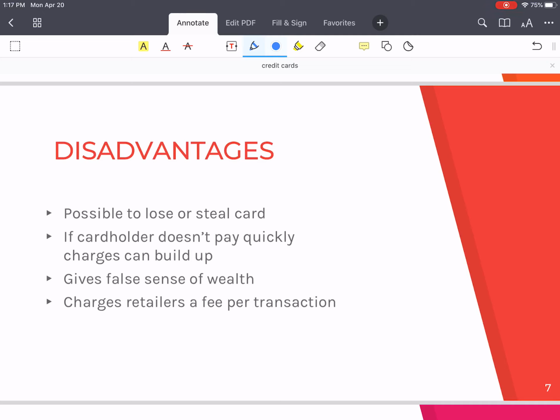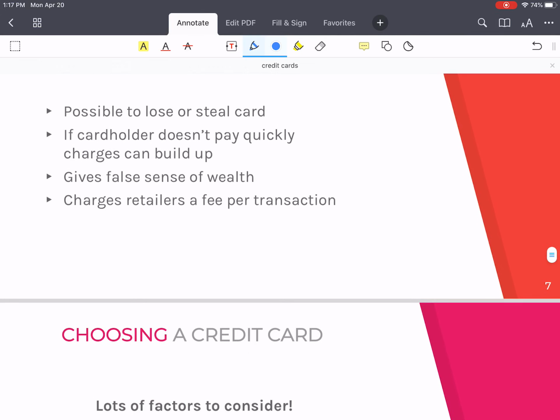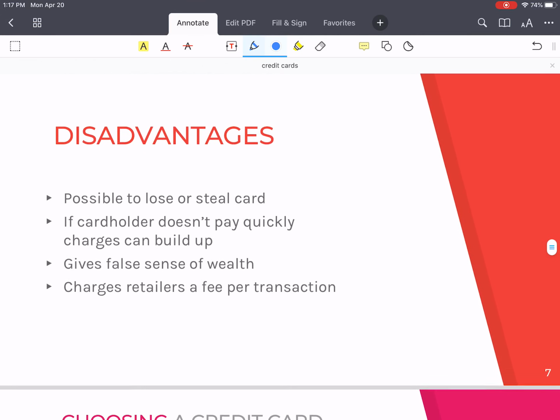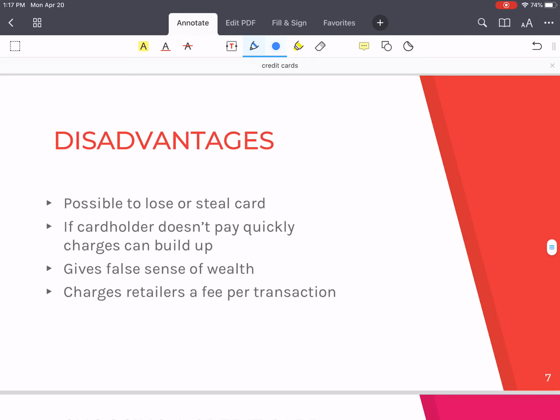They might have to give 2% of the purchase back to the issuing bank, or the merchant bank, I guess. So small businesses recommend either debit if they have it, or cash.